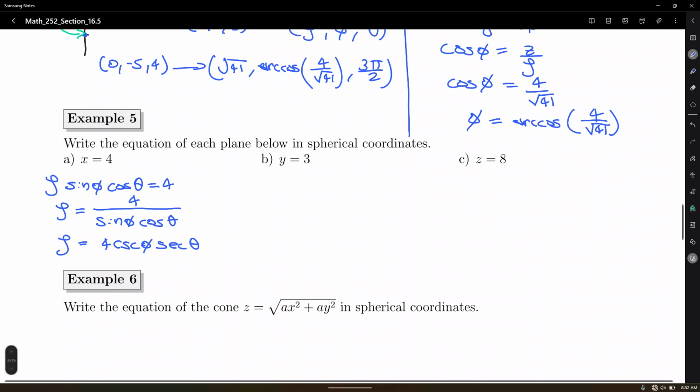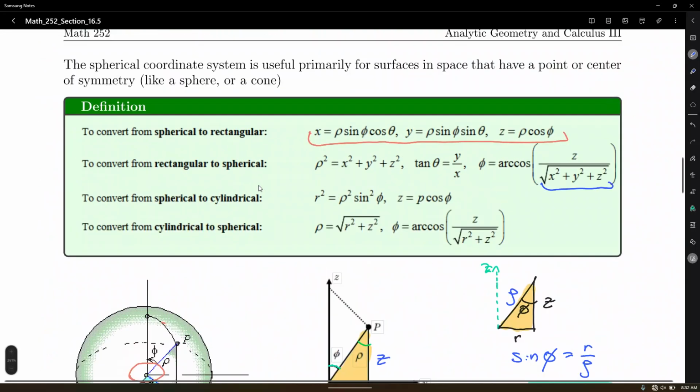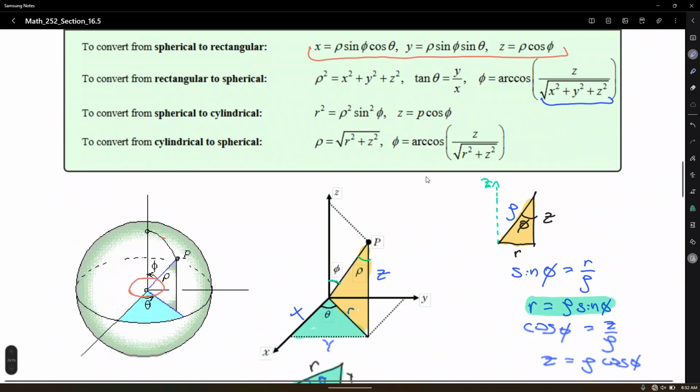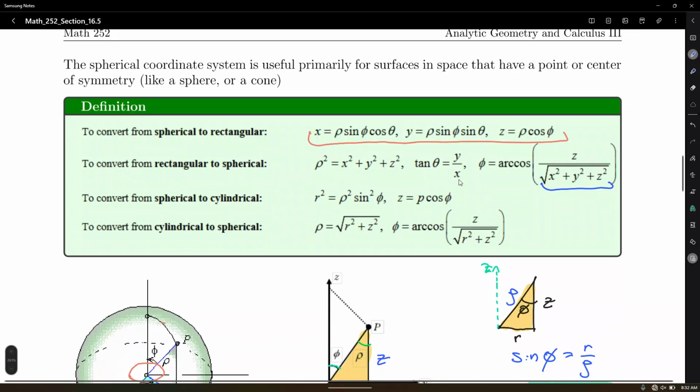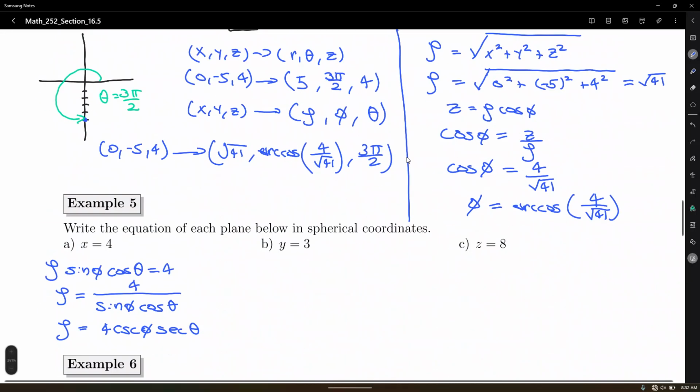What about the equation y equals 3? We're going to do one of each: one in the x direction, one in the y, and one in the z. So we need to identify our conversion formula for y. Let me go back to the previous page. And so y equals rho sine phi sine theta. So rho sine phi cosine theta equals 3.